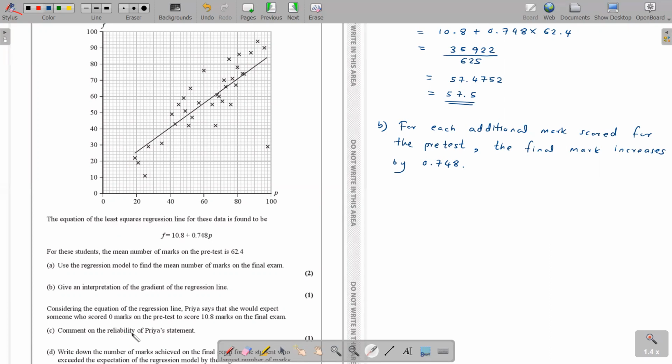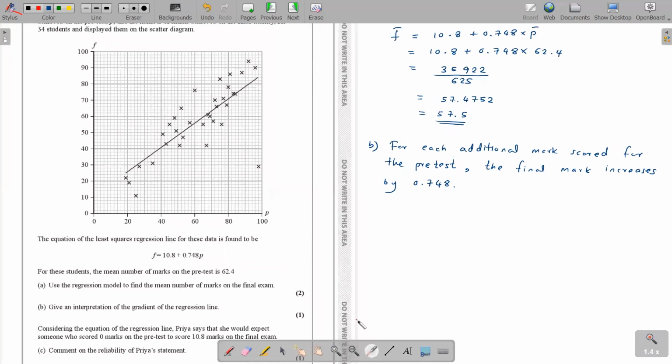If you are making a prediction for data values inside the given data set, then it's reliable. But if you try to make a prediction outside of the given data set, then can we rely on that? Now look at the data that we have sampled, the pretest marks that we have taken. What's the lowest pretest mark we have? I think the lowest mark we have is 10, right? The middle. Each square represents 2 marks.